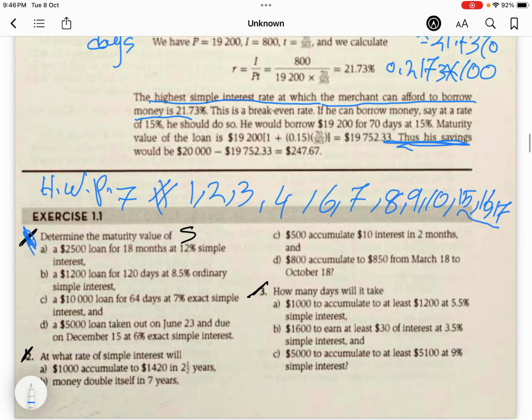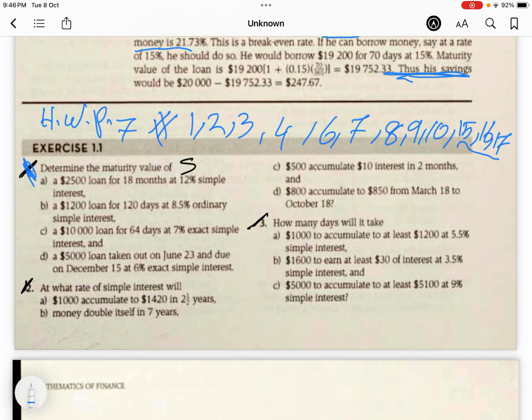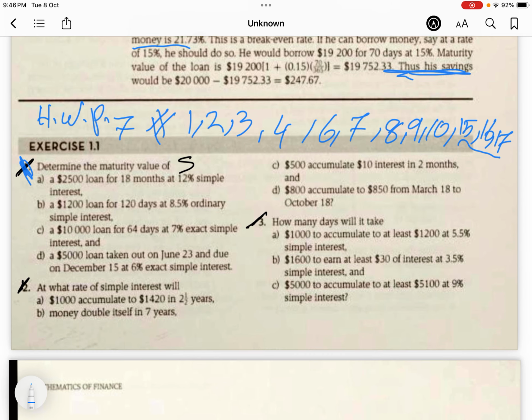Here, question number 1, determine the maturity value of S. A, a 2015 loan for 18 months at 12% simple interest. B, a 1,200 loan for 120 days at 8.5% ordinary simple interest.